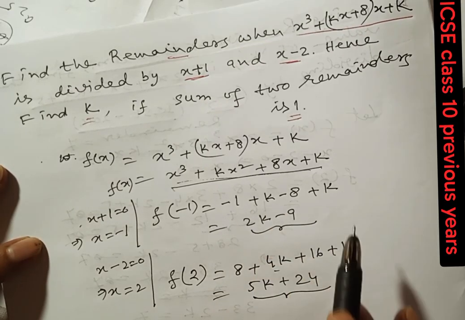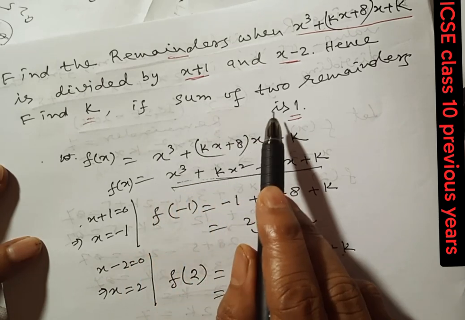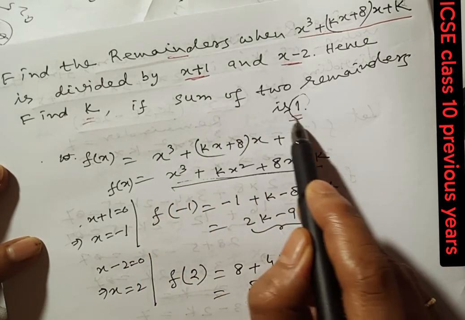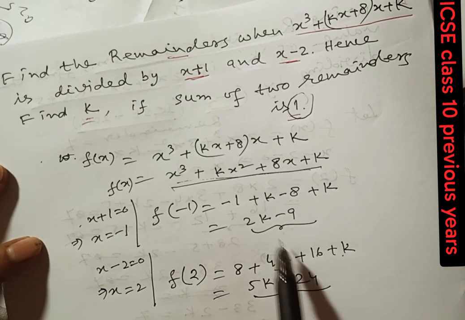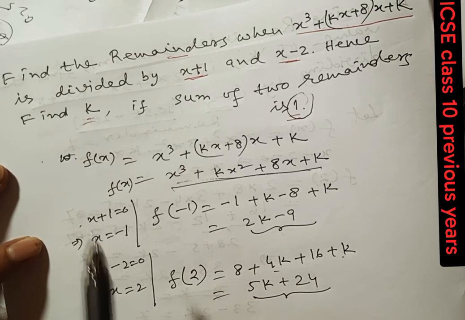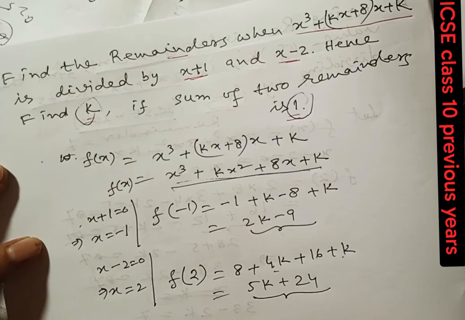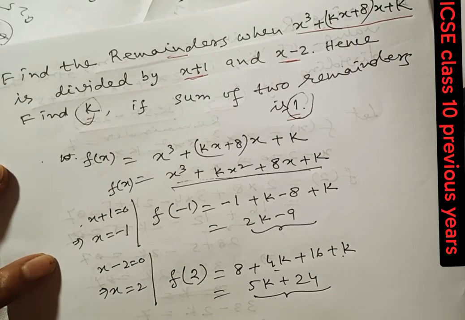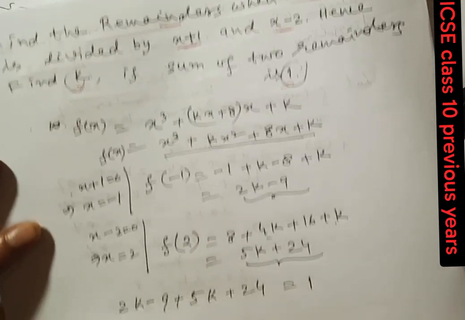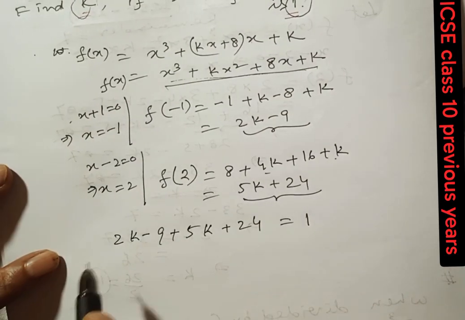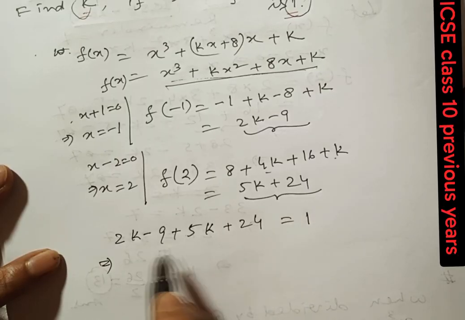Now find the value of k if sum of two remainders is minus 1. Now our given condition is sum of two remainders equal to minus 1 and we find the value of k. From this equation, find the value of k.